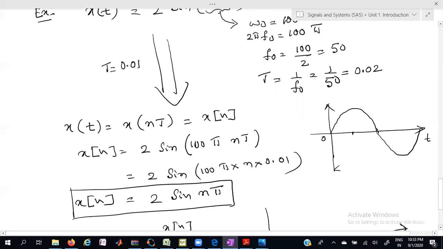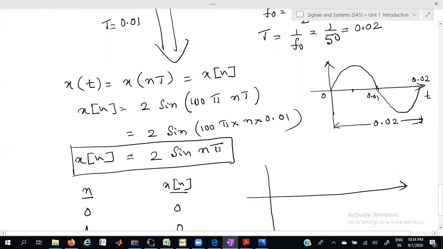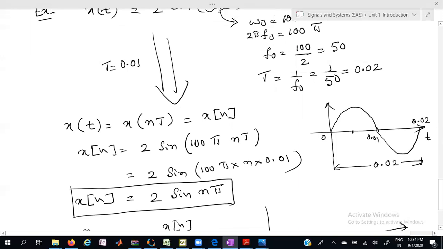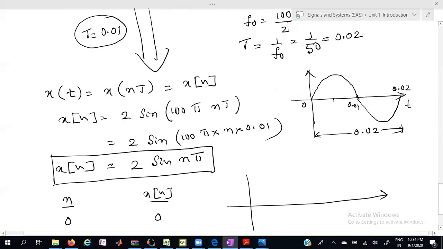One period is 0.02, which means this is at 0.01, and this is at 0.02, etc. Since my sampling period here is T equal to 0.01, I will be taking one sample here, which is 0.